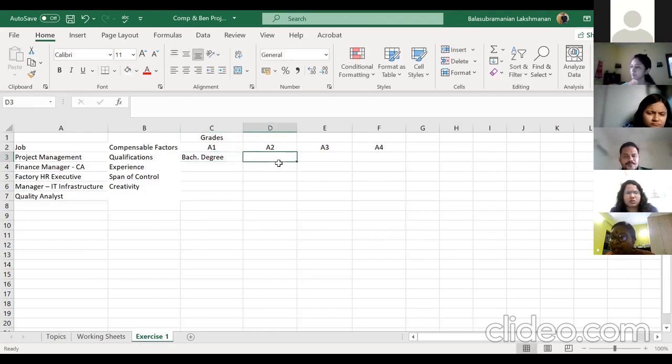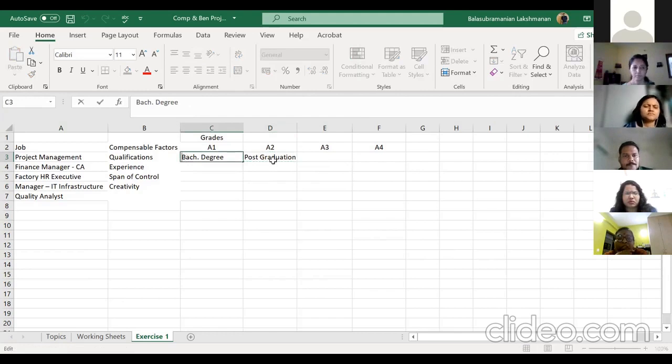But for pay, you are defining those factors. Are you with me, guys? So take into consideration all the departments and then write the description there. Just to give you a case in point, say you have written postgraduation in grade 2.